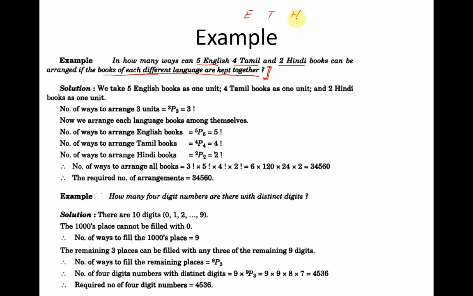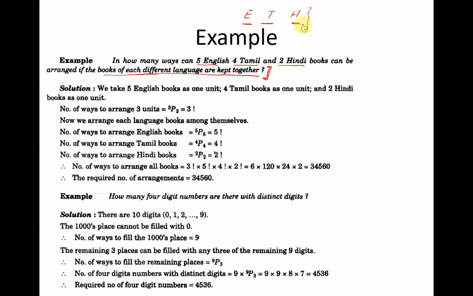Now this problem actually has 2 subtasks. The first subtask is to arrange these 3 units on a shelf, E, T and H. I have to arrange the E unit and the T unit and the H unit.